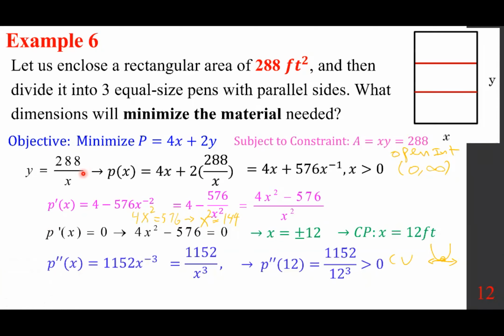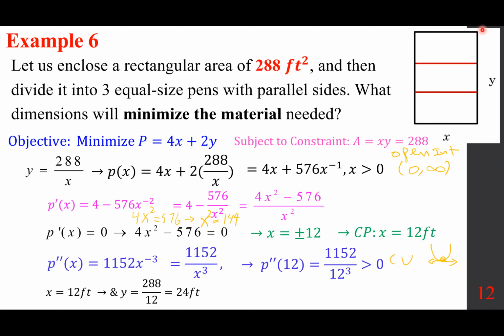So let's go back to either this or this expression to find the missing y. 288 divided by 12 is 24 feet. So the dimensions are x is 12, y is 24.